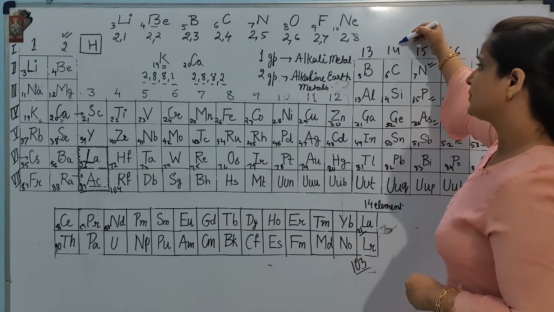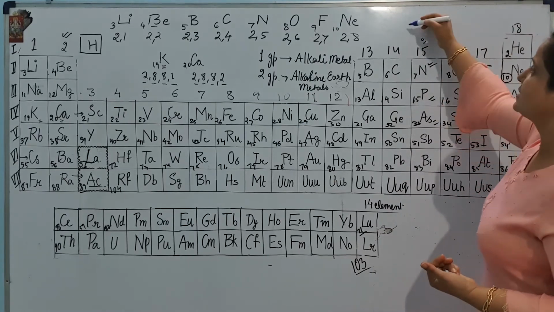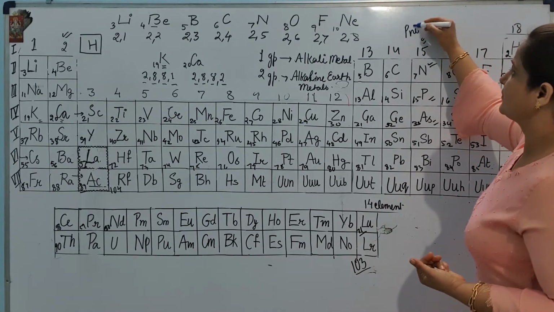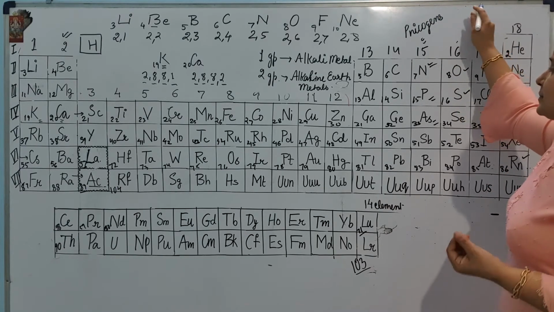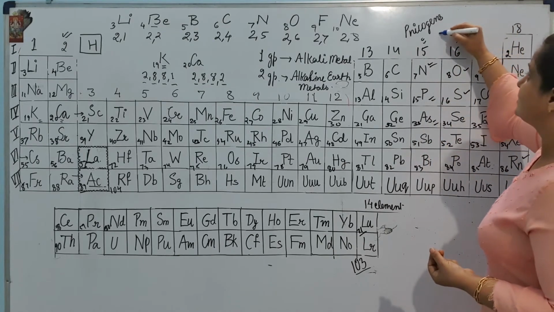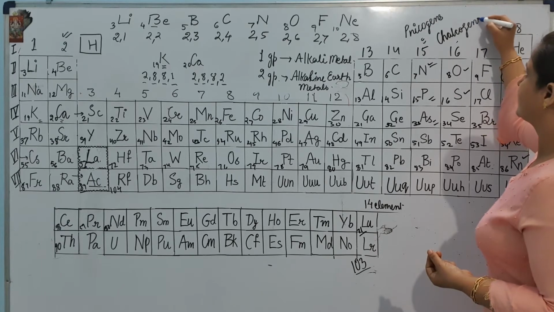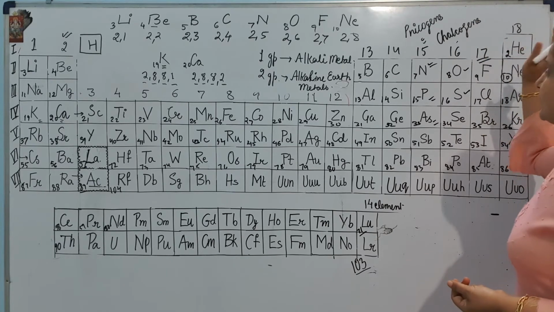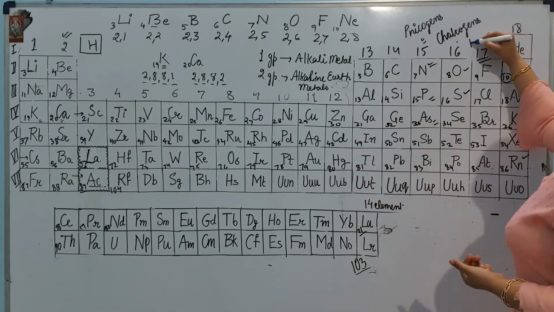The 13 and 14 group elements are not given a particular name, but 15th group elements are called pnictogens. 16th group elements, because they form ores, are also called chalcogens. 17th group elements are very famous by the name halogens.